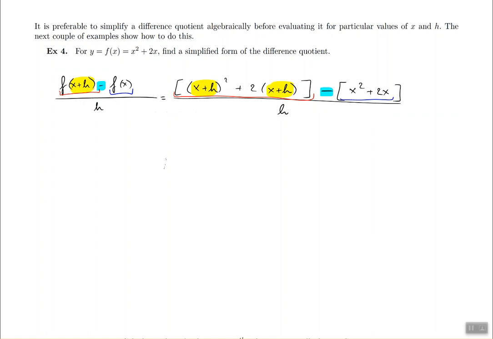Now there's going to be a lot of algebra coming up next, which is not terribly difficult as long as you're organized and you do everything in a nice organized fashion. Keep track of all your squares and your minuses, then you won't make any mistakes. Okay, but the first step is usually the hardest for most people, so let's make sure you get it right. So again, the first part is f of x plus h, so they want you to go to the function f and replace all the x's with x plus h.